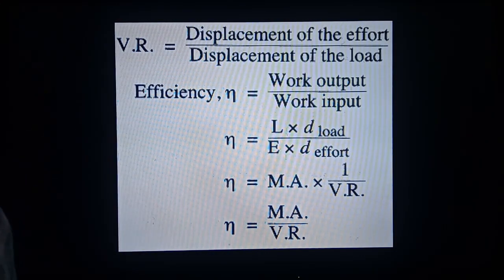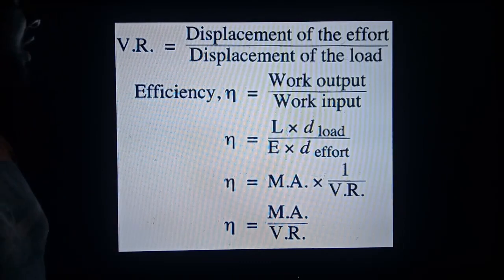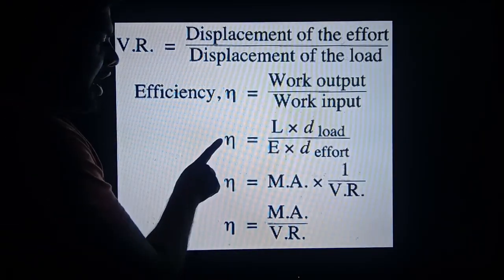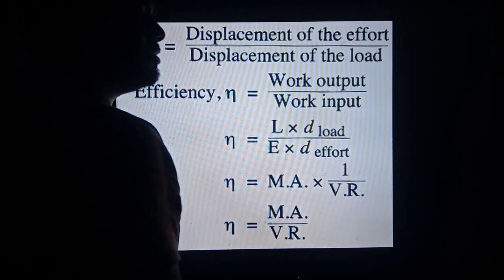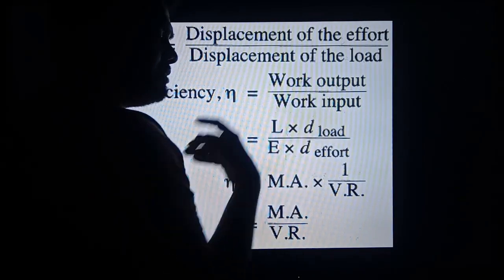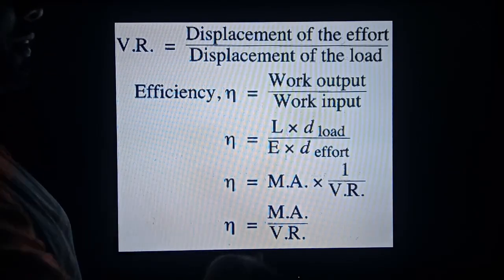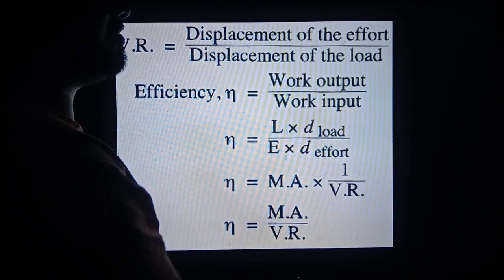You know very well velocity ratio is distance traveled by effort to the distance traveled by load, and efficiency is work output upon work input. Work output is load into distance traveled by load, and work input is effort into distance traveled by effort. Input means we give the work, output is the work obtained from the load.